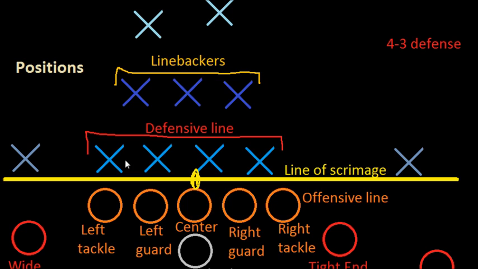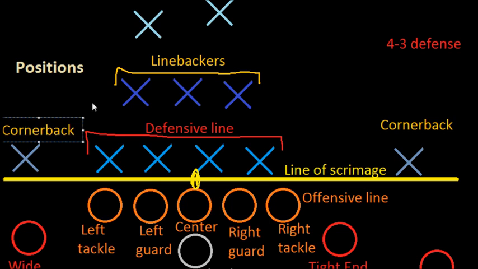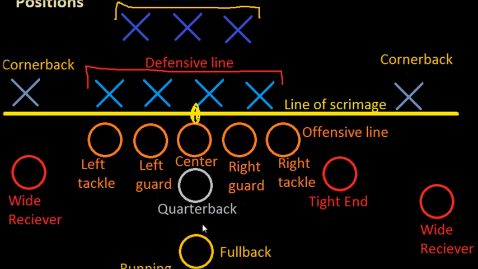So this is where you get the 4-3, and then on both sides, usually defending our wide receivers here, we have the cornerbacks. This is a cornerback, and this guy opposite him is also a cornerback, not to be confused with a quarterback.